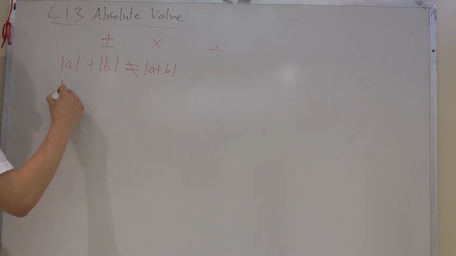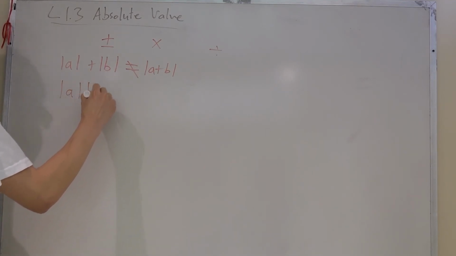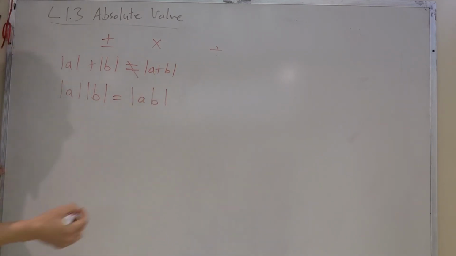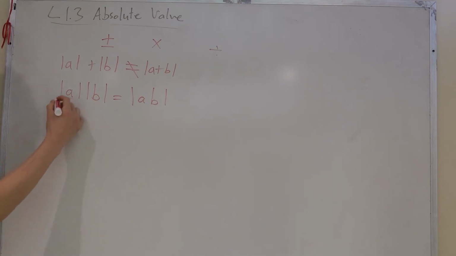However, multiplication behaves a little nicely. Absolute value of A times absolute value of B is indeed equal to the absolute value of AB. You can just think about it for a while, play around with some numbers, and you'll find out that that's true as well. And really the reason why is because what you're doing here is you're taking a positive number and you're multiplying by a positive number.